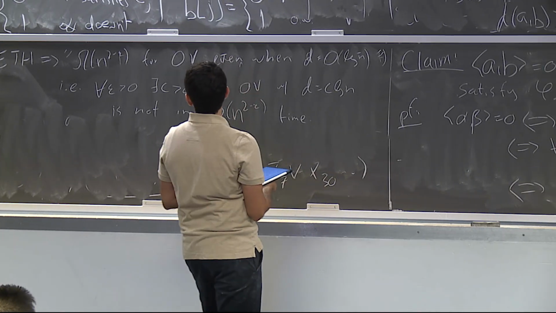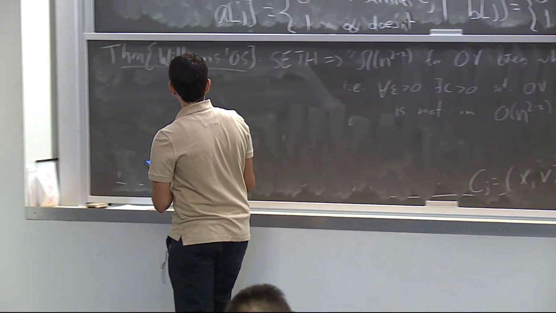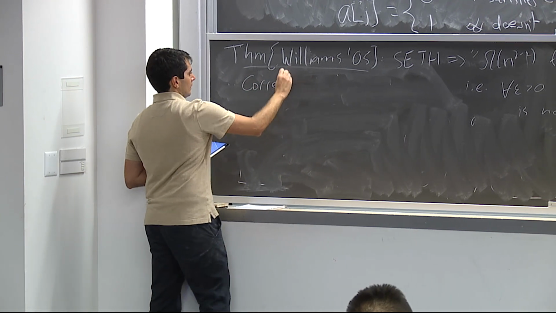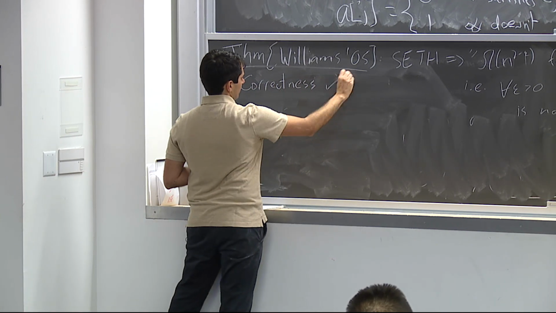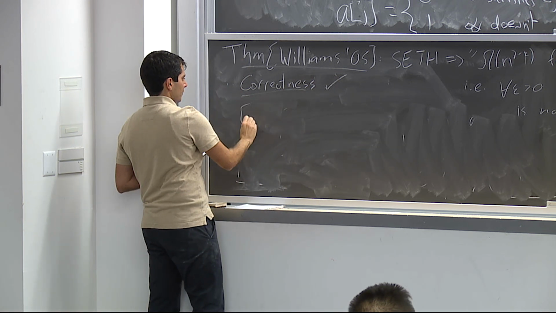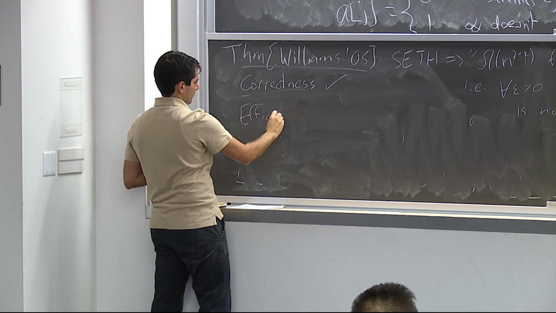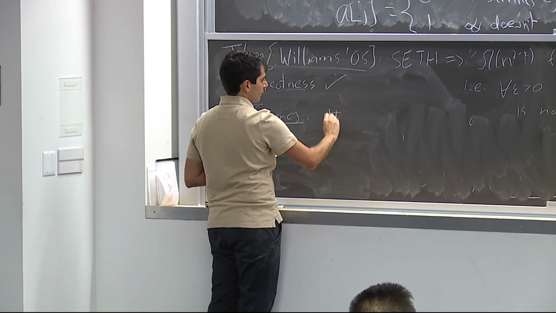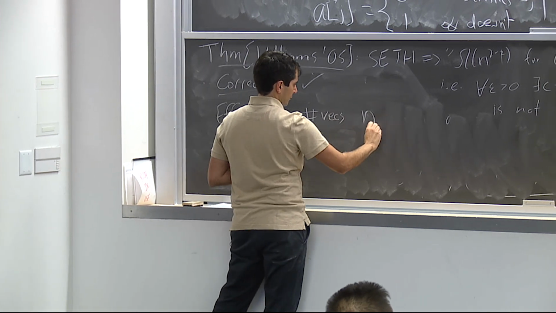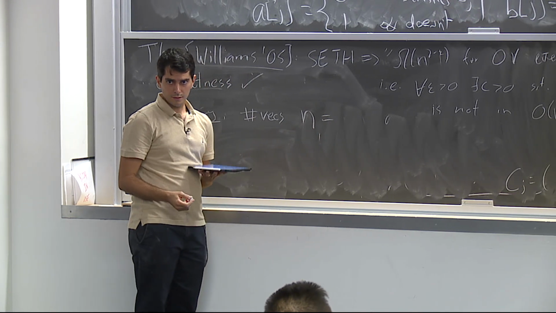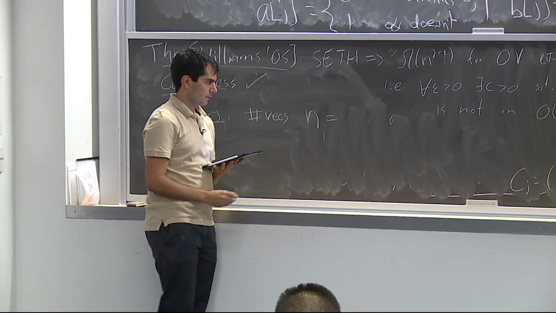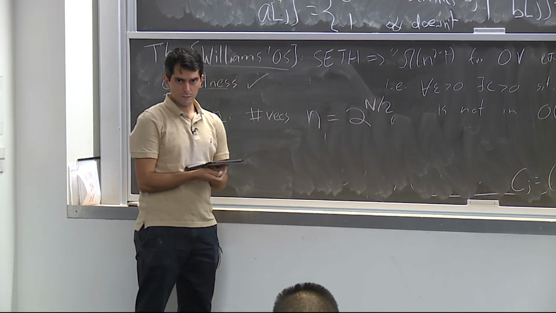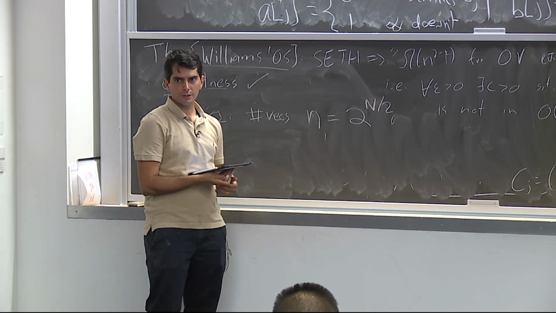And why does it prove the theorem? So what's the correctness we did? And what about the efficiency? What is the number of vectors? It's easy. It's just 2 to the n over 2. For every assignment to half the variables, we have a vector.